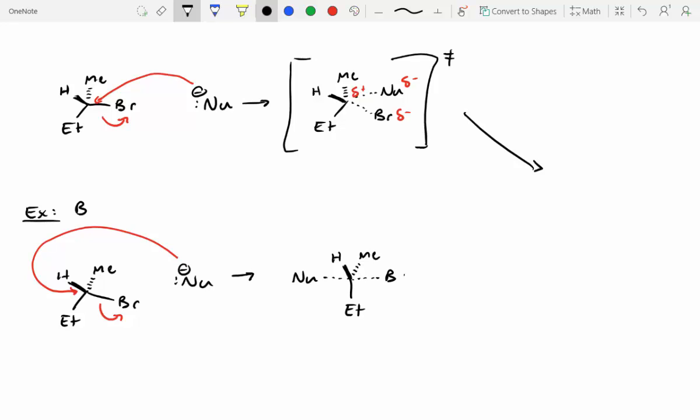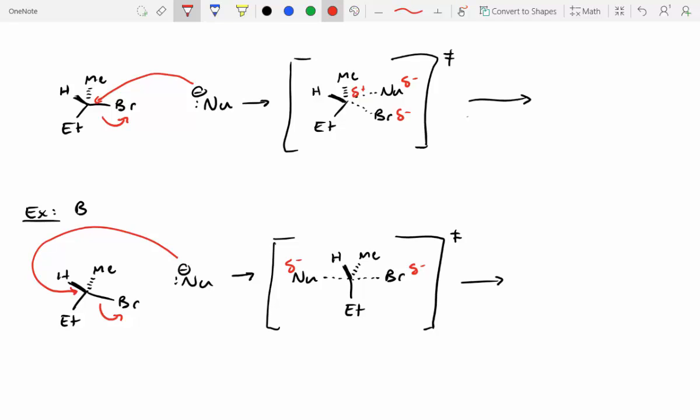However, our bromine's falling off the opposite side. Again, this is a double dagger. Let me change this arrow a little bit, sorry if that ruins your notes. And then let's fill in our partial negatives and positives again. So we've got partial negative on our bromine, partial negative on our nucleophile, and partial positive on our carbon.